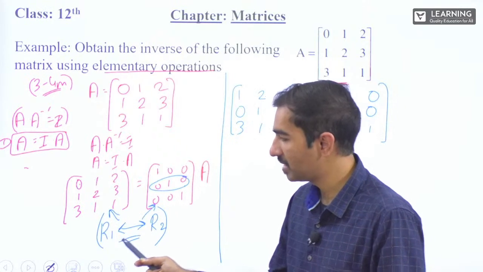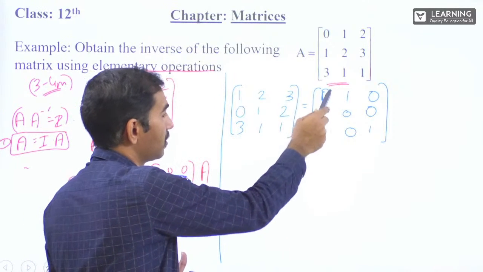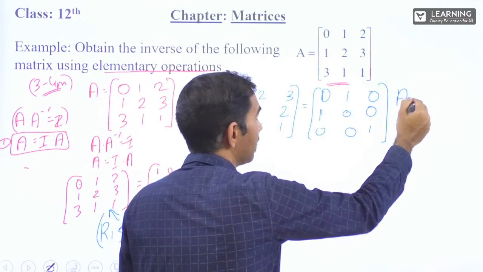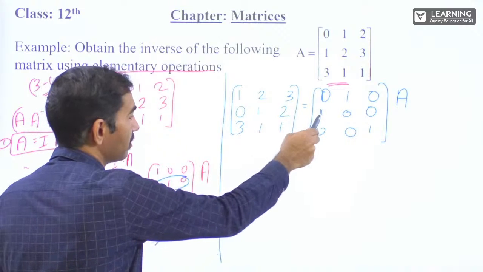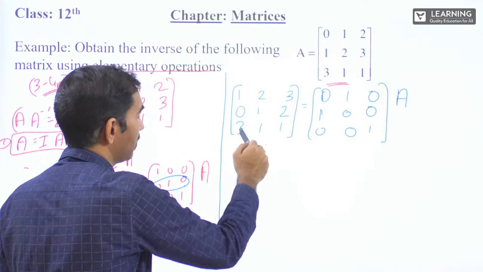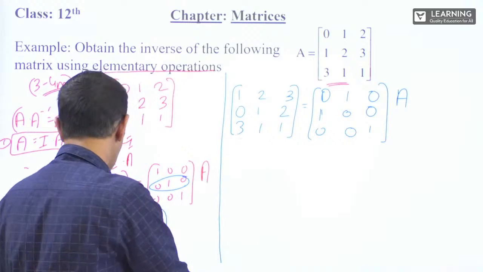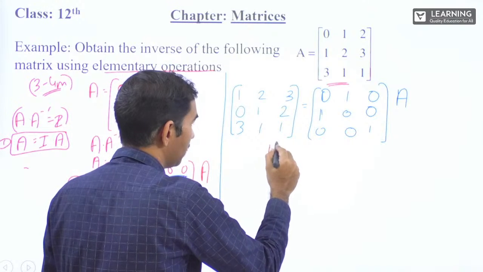Once we apply this, on this side now we got 1 here, and the same row transformation is applied, and A is written as it is. This is already 0. This is already 0. So we have to get a 0 here, correct? To get 0 there, what can we write, students? Which row operation?